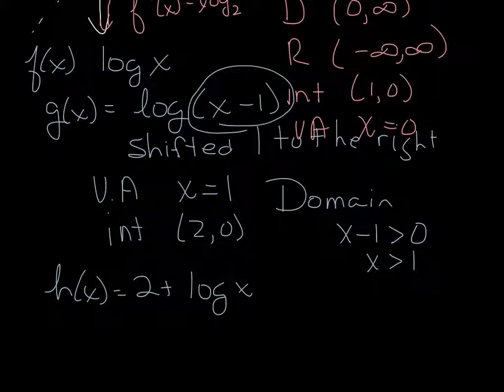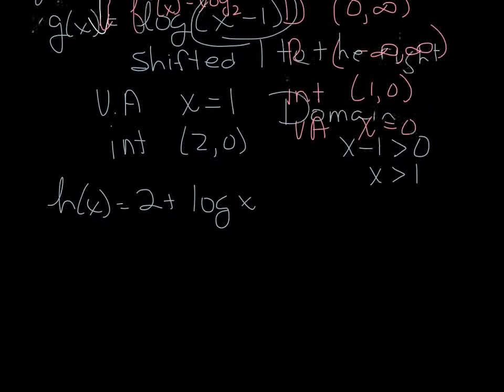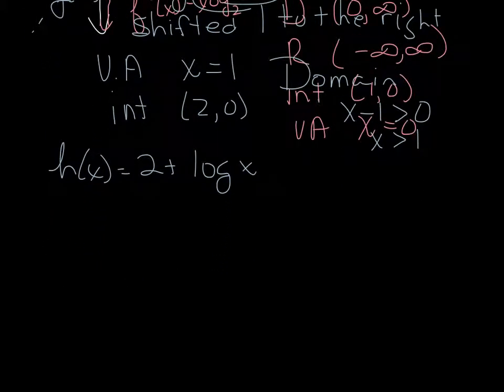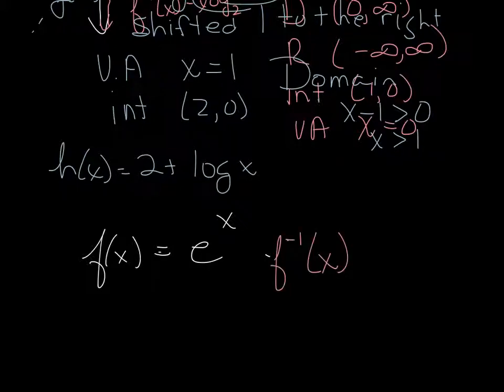All right, and real quickly, we had the exponential function with base e. If our original function is e to the x, then the inverse function is the natural log of x.